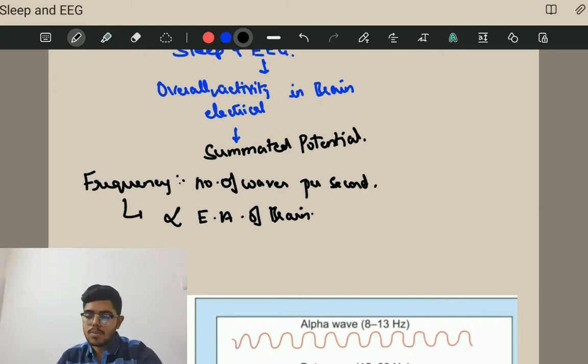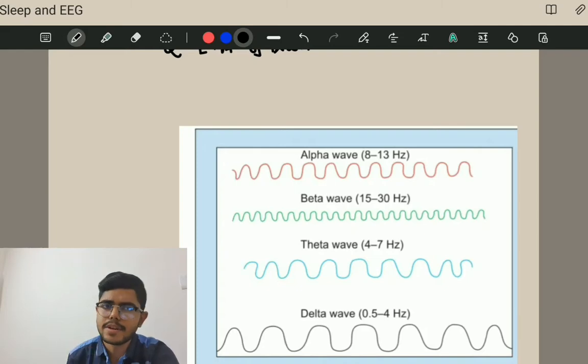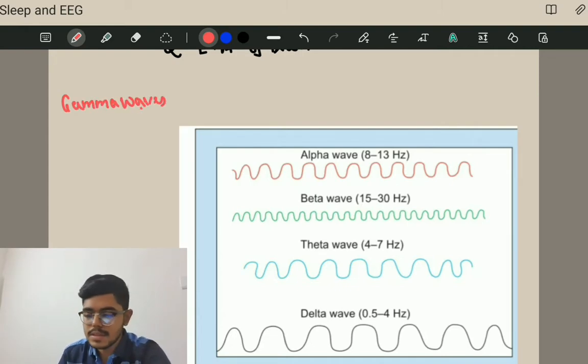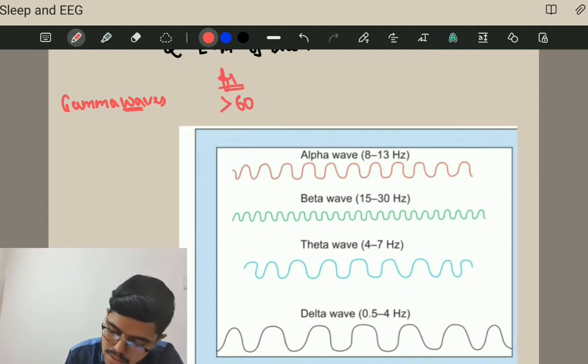Now if we move on further, in the brain we have 5 different waves. The first important wave is gamma waves, which have a frequency of more than 60 hertz.